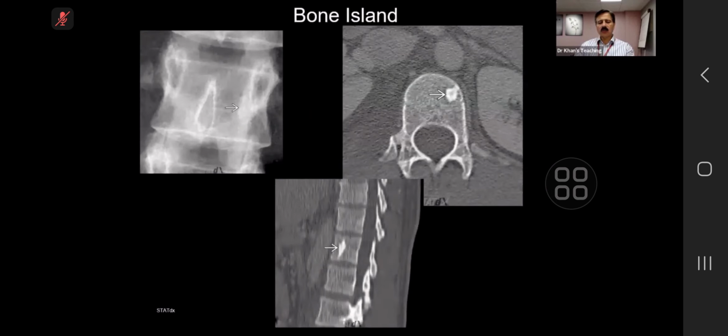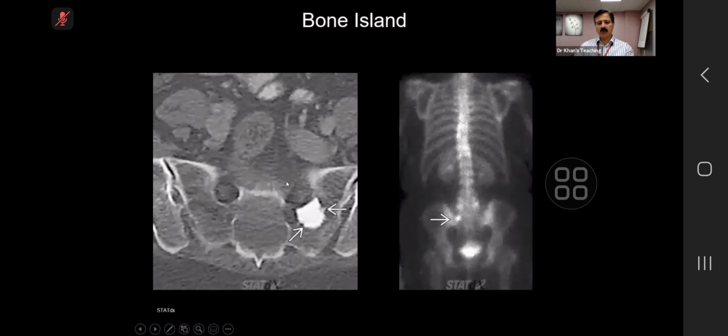Bone islands in your day-to-day radiology are also seen incidentally, let's say in a CT scan. At times it's difficult. But again, if you see it carefully here, you can see this brush border edge. And here, you can see this pedicle, and there was some sclerosis here on AP view.